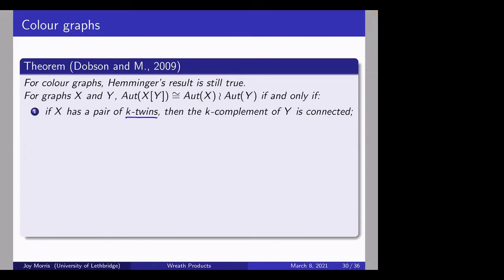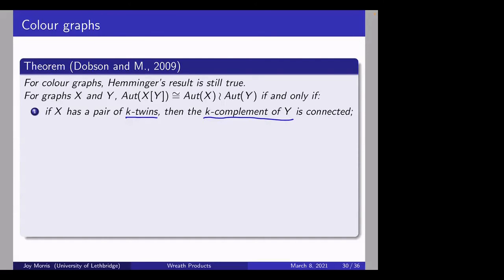So here, I'm going to call a pair of vertices K-twins if they have an edge between them of color K and have all of the same neighbors of every color outside of each other. And the K complement of the graph is the graph we get just by deleting all of the edges of color K. So instead of having those two conditions about false twins and true twins, we can just replace it with this one condition that has to apply for every color K that we're using.